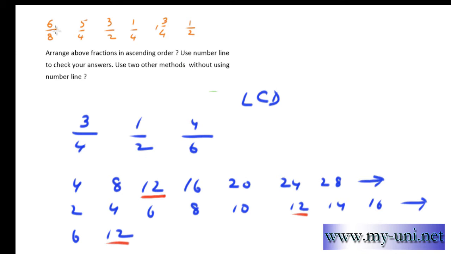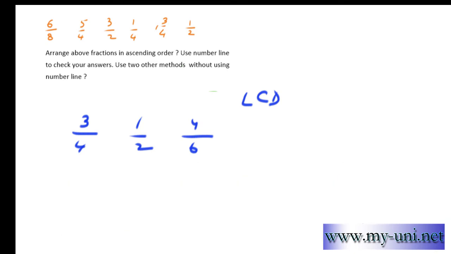So what we now have to do is change all these denominators to 12. In order to do that we have to times this by 3, and if we times the denominator by 3, we have to times the numerator by 3 as well. To convert this to 12, we have to times it by 6, and if we did that, we have to times the numerator by 6 as well.